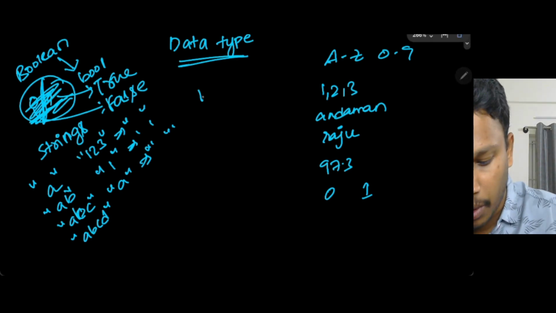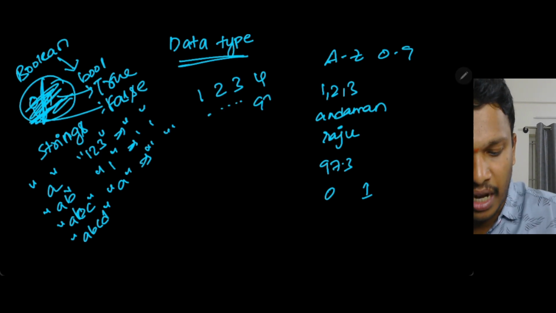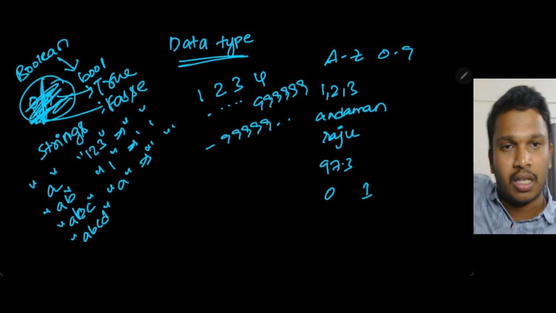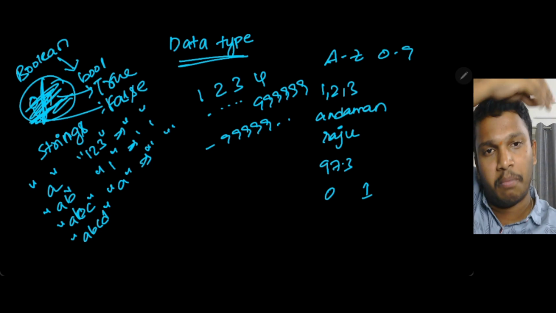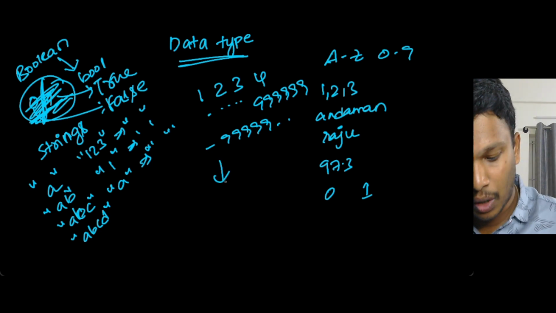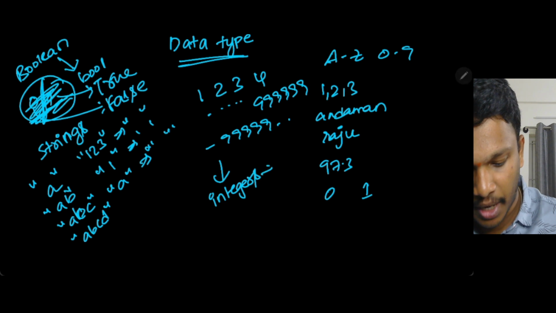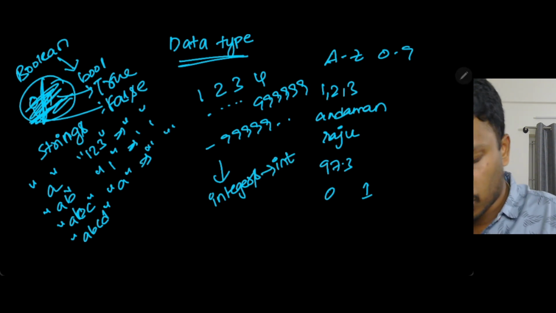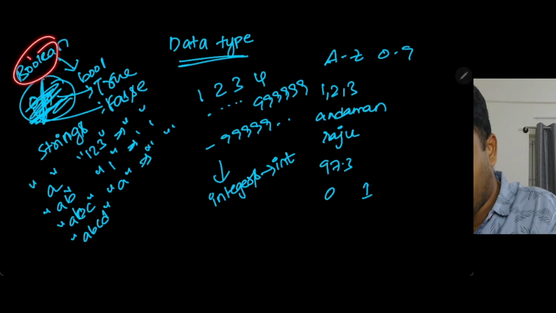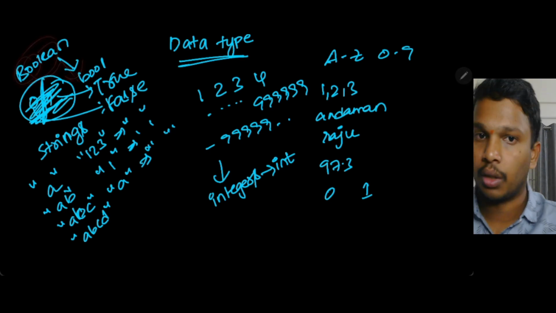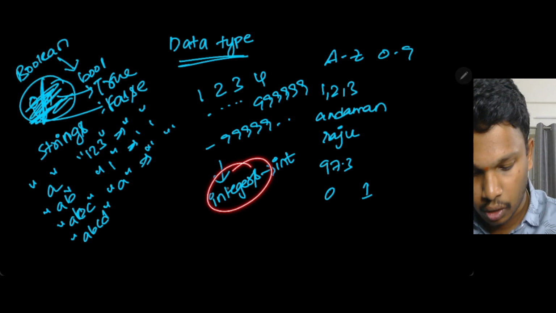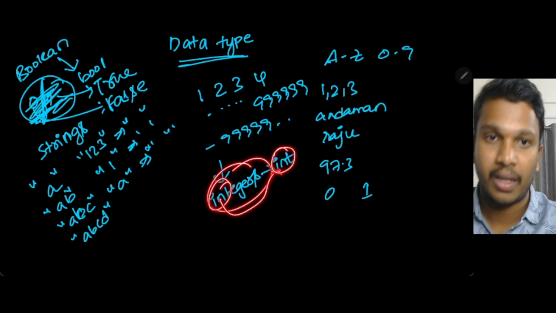Now numbers: 1 2 3 4 and so on, 9999999, minus 9999999, from minus 999 to plus 999, everything. These are known as integers, correct? In English we call them integers, but in Python they use the short form. Boolean became bool, and integers also take the first three letters, int.